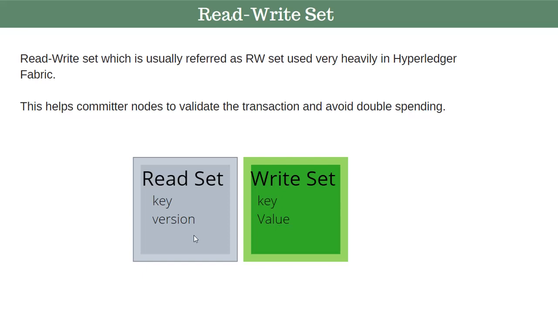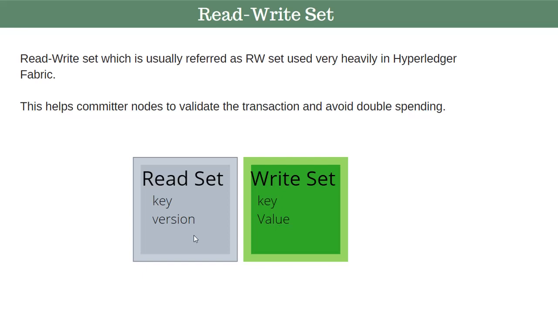Now the write set contains a key plus value. See the difference here: the key is common in both sets, but the read set contains only the version, not the value, while the write set actually contains your value. The read set, as the name suggests, helps you read something from a ledger.